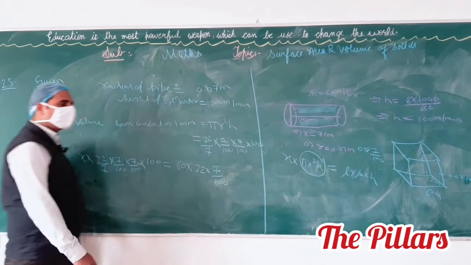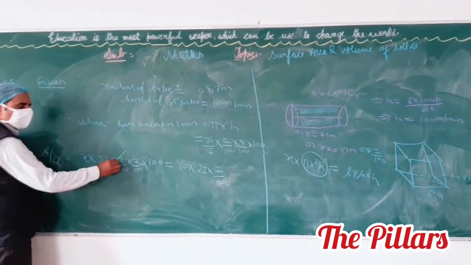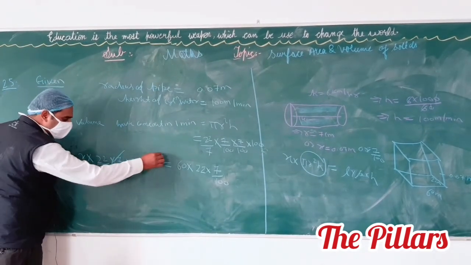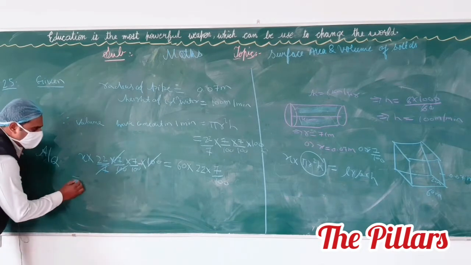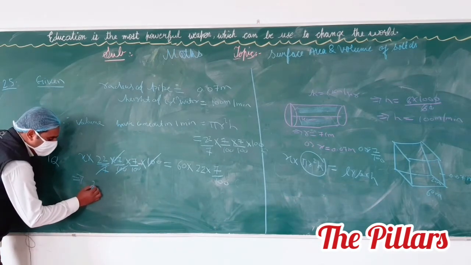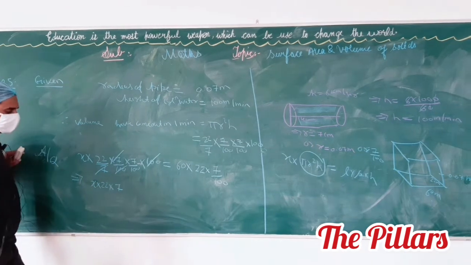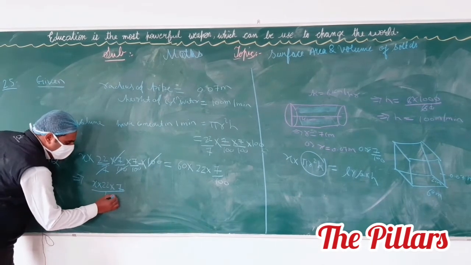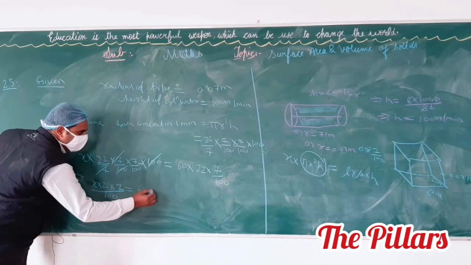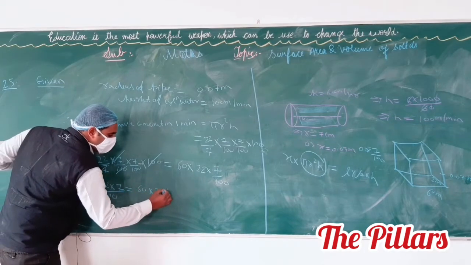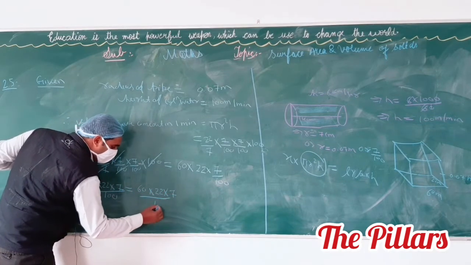Till here anyone have any problem? This 7 and this 100 cancel out. This implies the remaining value is x into 22 into 7 divided by 100 equals to 60 into 22 into 7 upon 100.